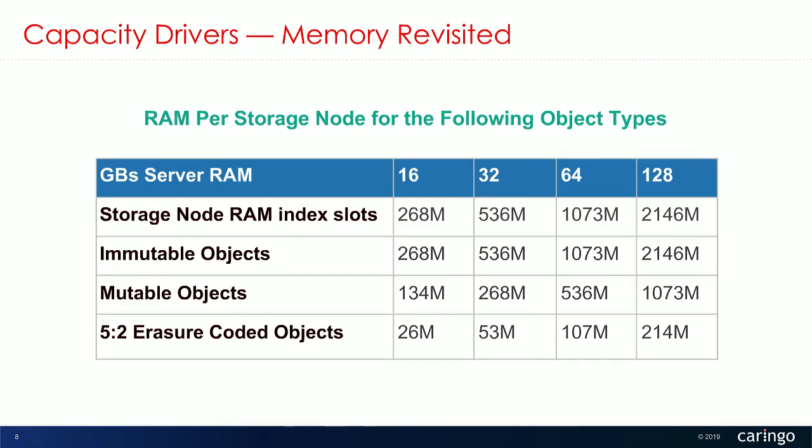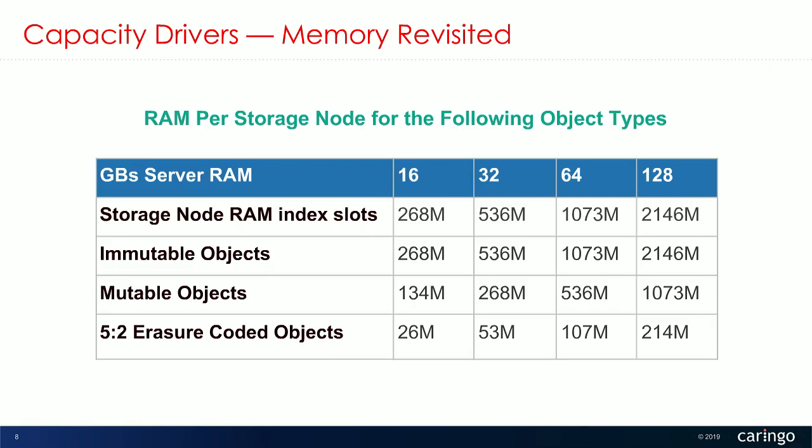Capacity drivers, let's revisit the impact on memory. What we have here is a chart, and this is actually pulled straight from our documentation, so this is fully documented as to how this works. It's a chart of RAM per storage node for the following object types and how you plan to store them. When you start off booting a Swarm node, it's going to have a given number of RAM index slots for keeping track of what's on the volumes that's been assigned to that storage node.